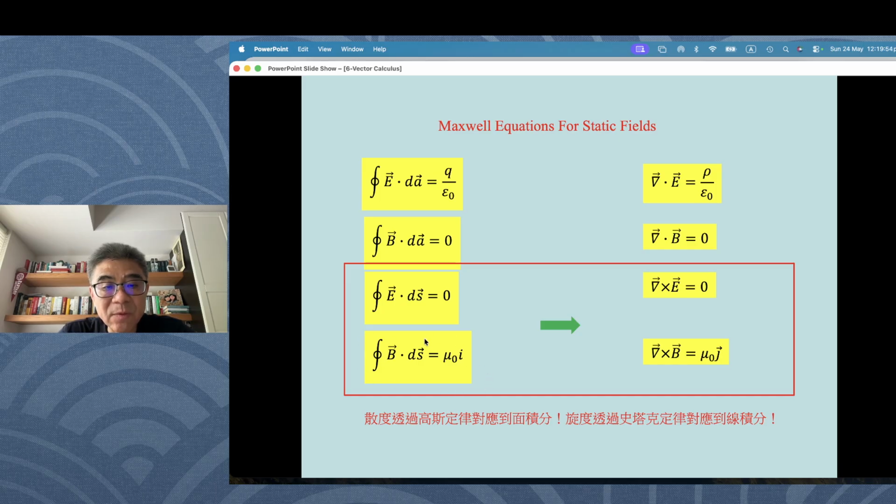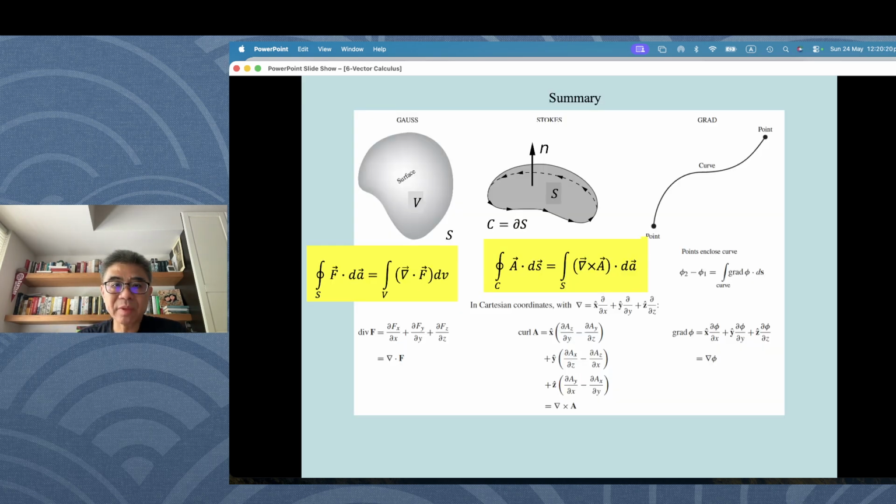Therefore, the fourth equation can be converted into the curl B equal to mu 0 times the current density. Please observe that the Maxwell equations are converted into four equations about the curl and divergence of the electric field and magnetic field. So the structure is so simple.